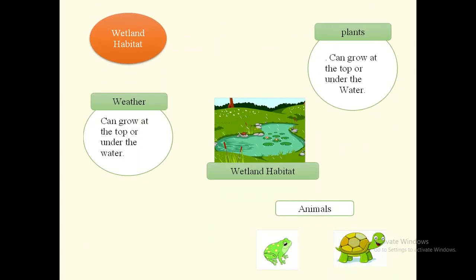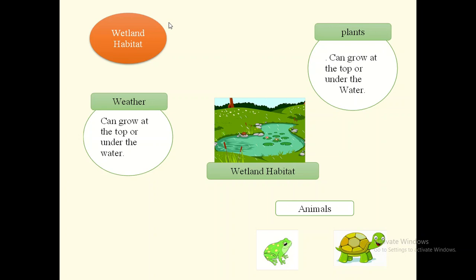Now we are going to talk about the wetland habitat. Plants in the wetland habitat can grow at the top of the water or underwater.